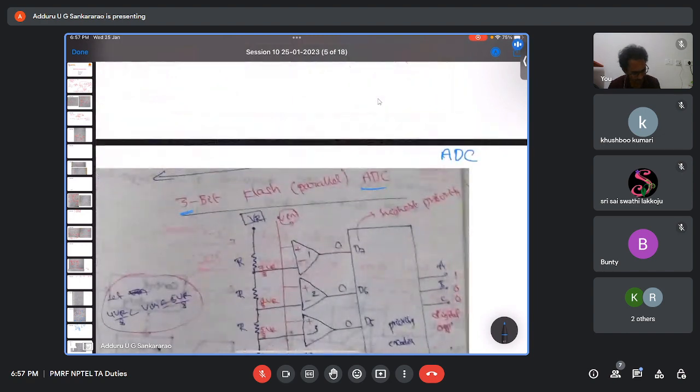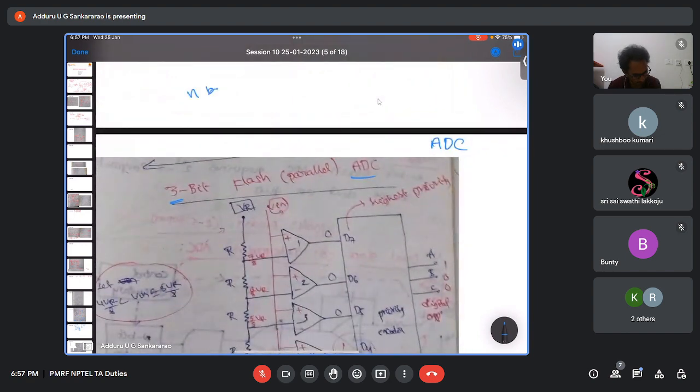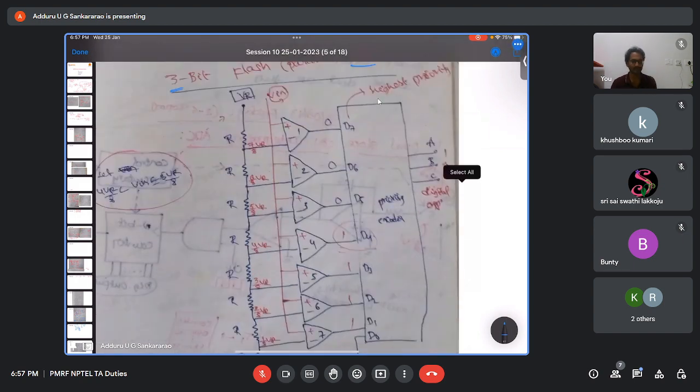For an n-bit flash ADC, how many comparators are required? 2 power n minus 1 comparators are required. So if it is 3-bit, 2 cube minus 1, 7 comparators are required, and a priority encoder should be there. If it is a 4-bit one, 15 comparators are required, and the priority encoder, sorry, not priority counter.